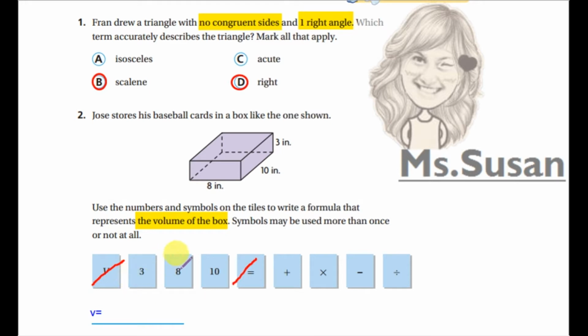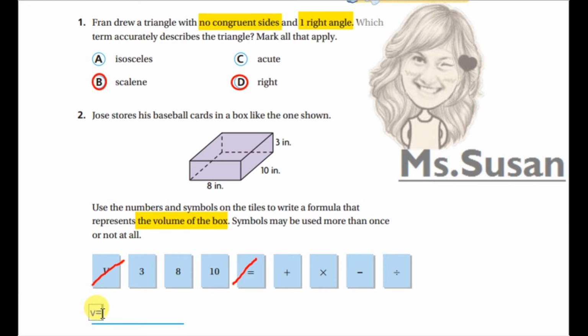What? Multiplying the 3 dimensions together, right? What is the length here? It's 8. What is the width? It's 10. What is the height? It's 3. So we shall multiply the 3 numbers together, right? So complete the formula.